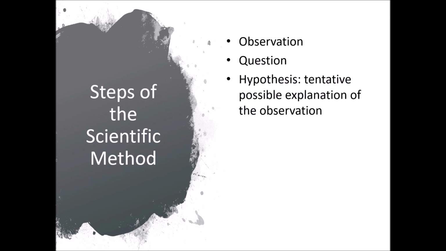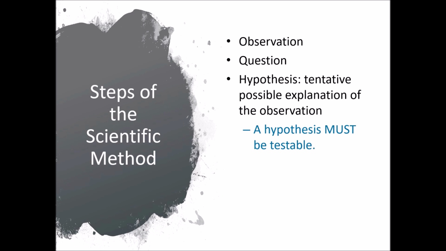Now, in order for a hypothesis to be considered scientific, it must have one very important characteristic. Do you know what that is? What characteristic must a hypothesis have in order to be considered scientific? It must be testable. What does it mean, testable?